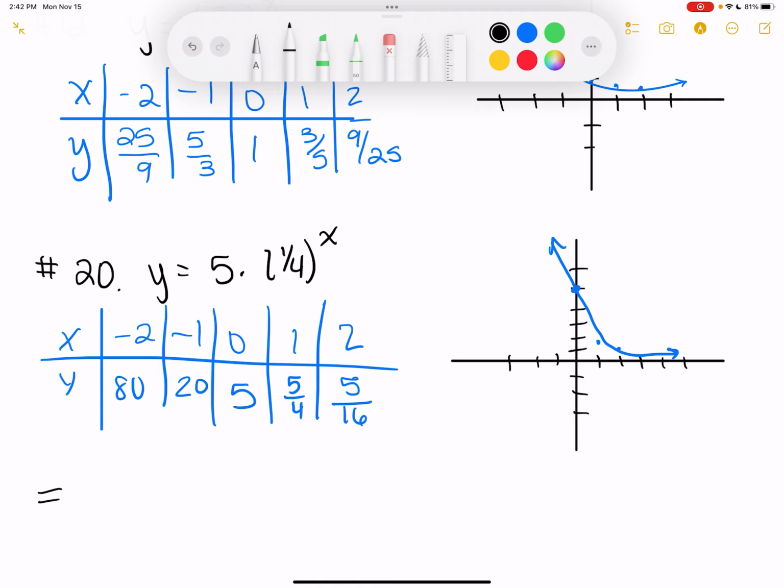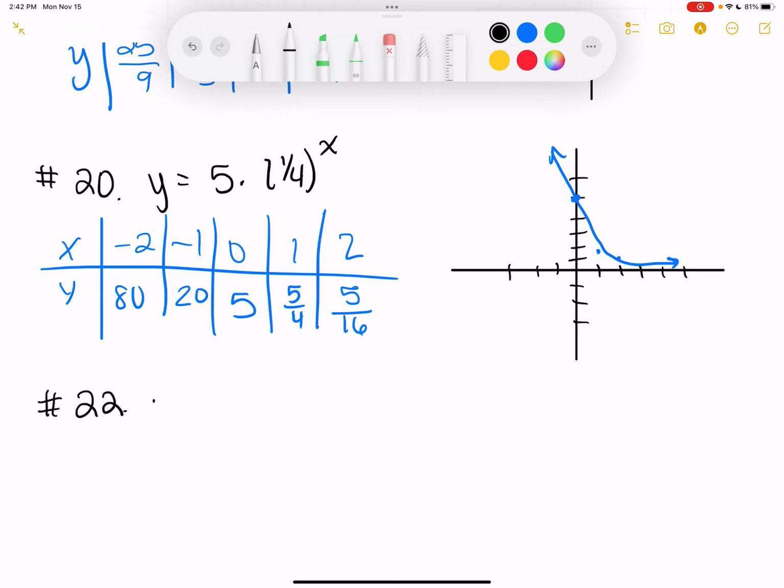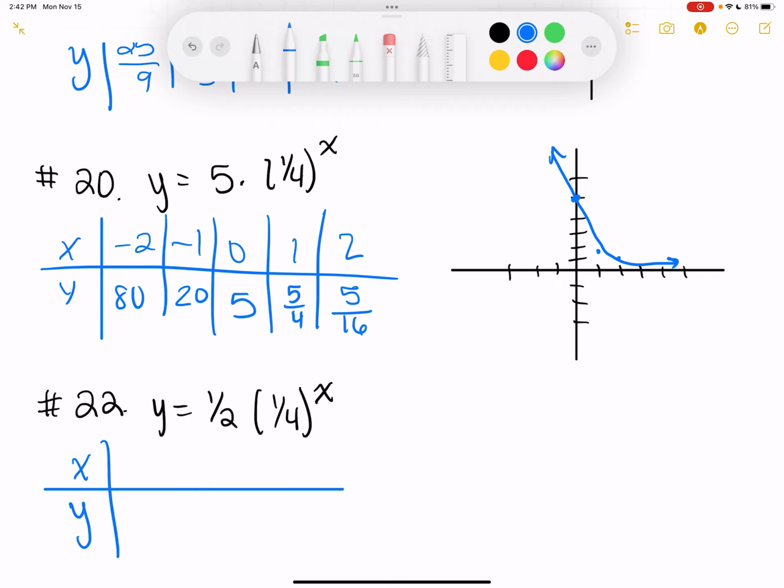All right, 2 more and then we'll be done. Number 22. y is equal to 1/2 times 1/4 to the x. So x is 0.